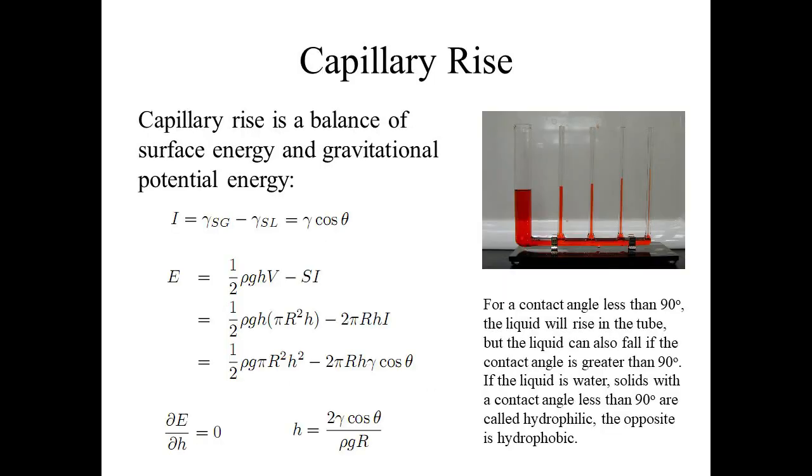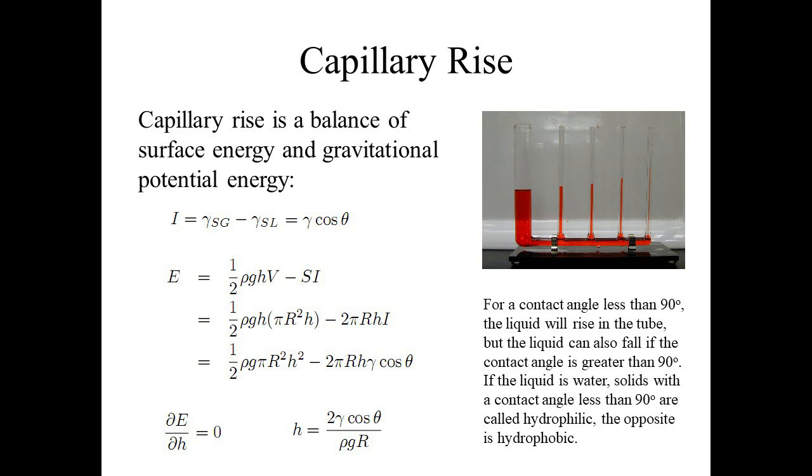Okay, this slide is about the capillary rise. Capillary rise is a balance of surface energy and gravitational potential energy. Here the surface tension of the solid-gas interface minus the surface tension of the solid-liquid interface equals gamma, the liquid-gas interface, times cos theta.